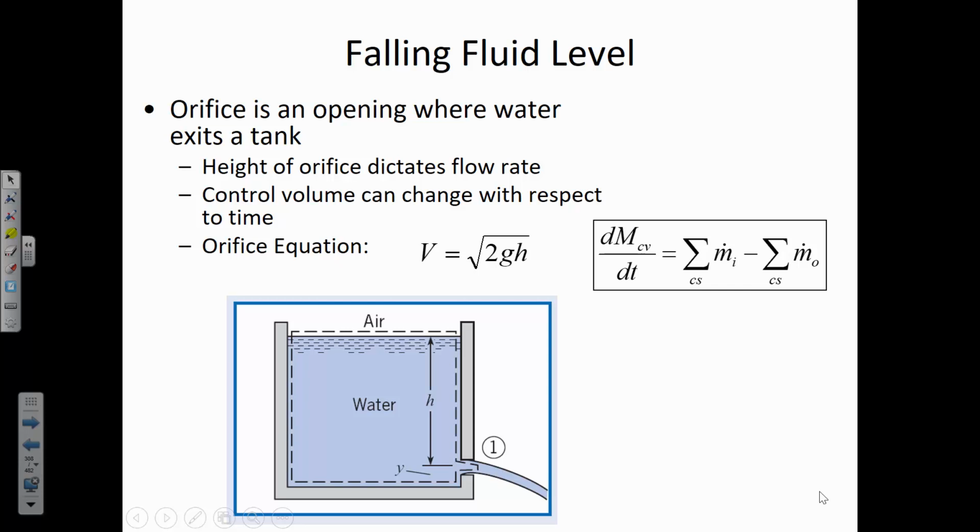At the surface of the reservoir, there's not going to be any pressure because it's in contact with the air, so we'd cancel out the pressure head term, and there would be no velocity at 1. We're assuming maybe there is a little bit of velocity if the water level in the tank is going down, but it's going to be so small relative to the other terms of the energy equation that we could neglect that.